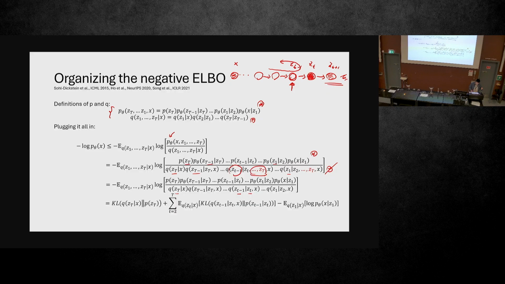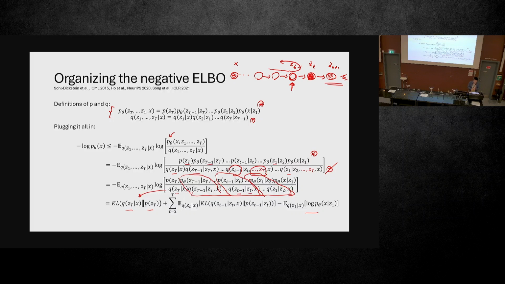The first term gives us the KL divergence between our prior and our marginal Q of Z_T given X. All of these are comparable with the P part, so they are all KL divergences: between Q of Z_{t-1} given Z_t and X, and P of Z_{t-1} given Z_t. And the last term is a single reconstruction term, of X given Z_1. Just simple rearrangement.